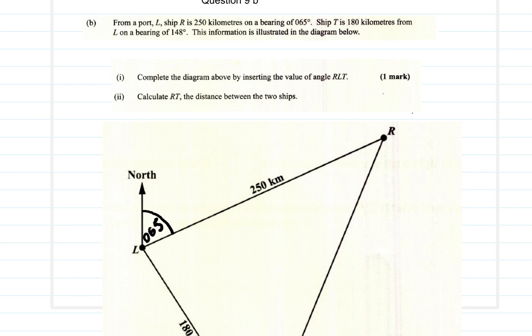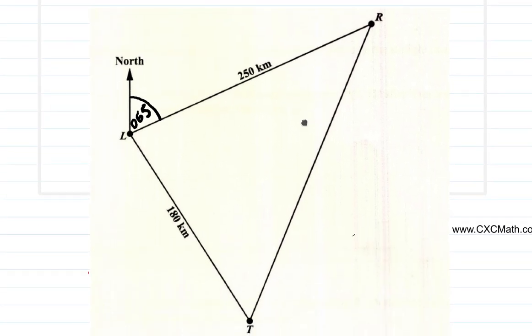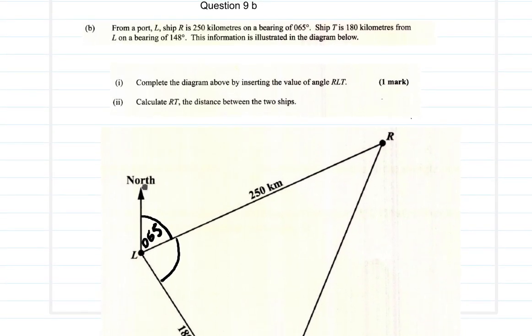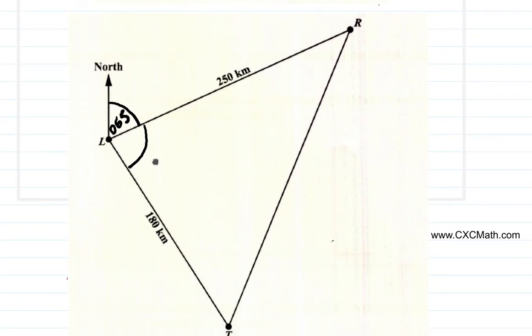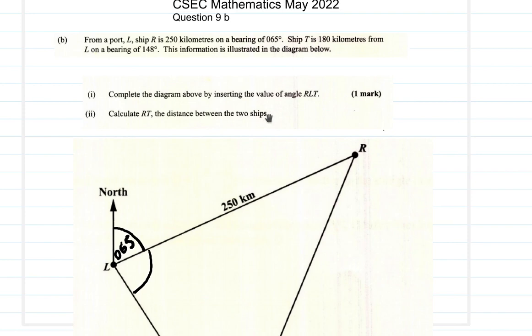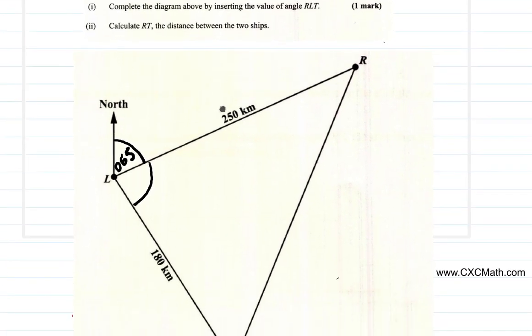Now, remember the angle they want is RLT. So RLT would be this angle here. That's the angle they want. Well, let's see something here now. You have to have some other angle in order to do the calculation. They say T is 180 kilometers from L on a bearing of 148.